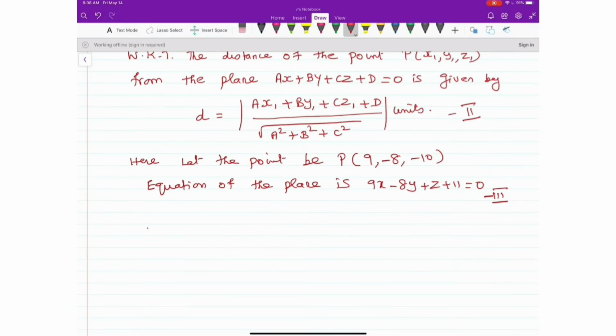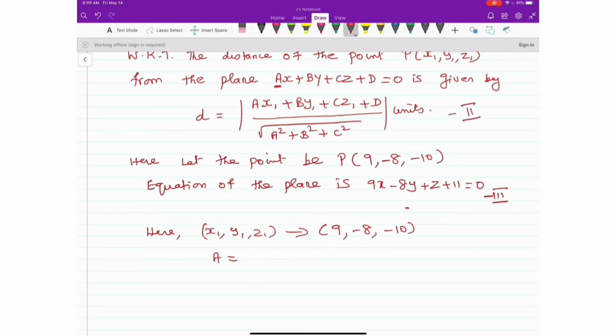Okay. Here in this sum, x1, y1, z1 is nothing but the point P, that we have taken over here, that is 9, minus 8, minus 10. And A is the coefficient of x.